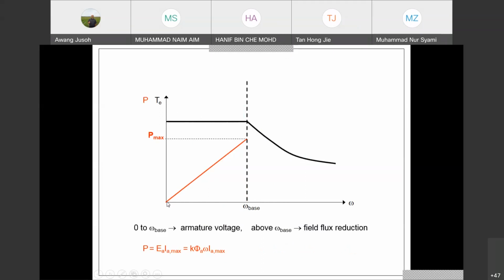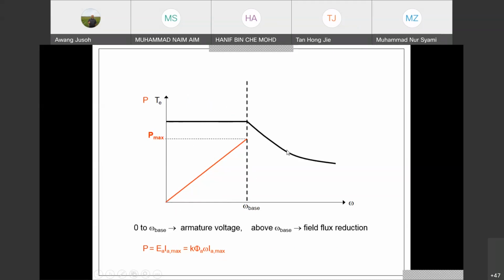Why is power increasing? Because voltage is increasing. IA is fixed, your armature current is at rated condition, the voltage is increasing, so the power is increasing from 0 to the maximum power, but the torque is maintained constant. That's why they call it the constant torque region, from 0 to base speed.